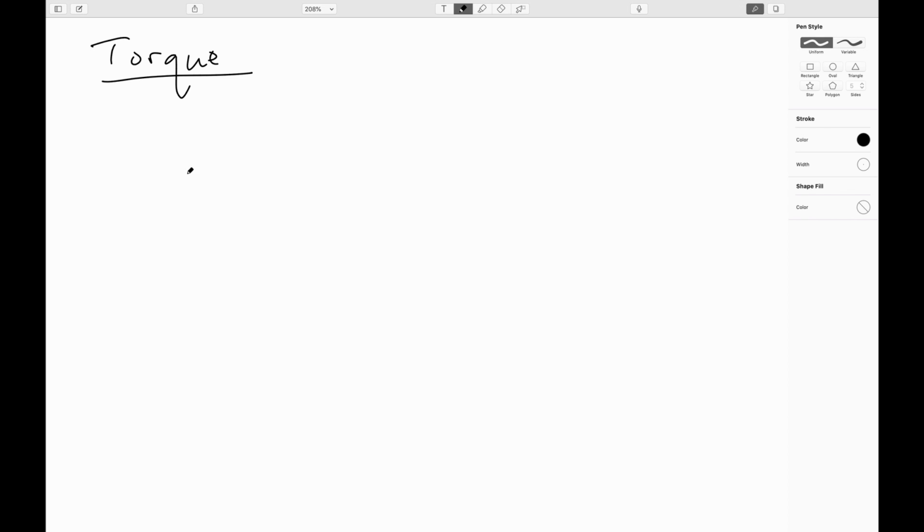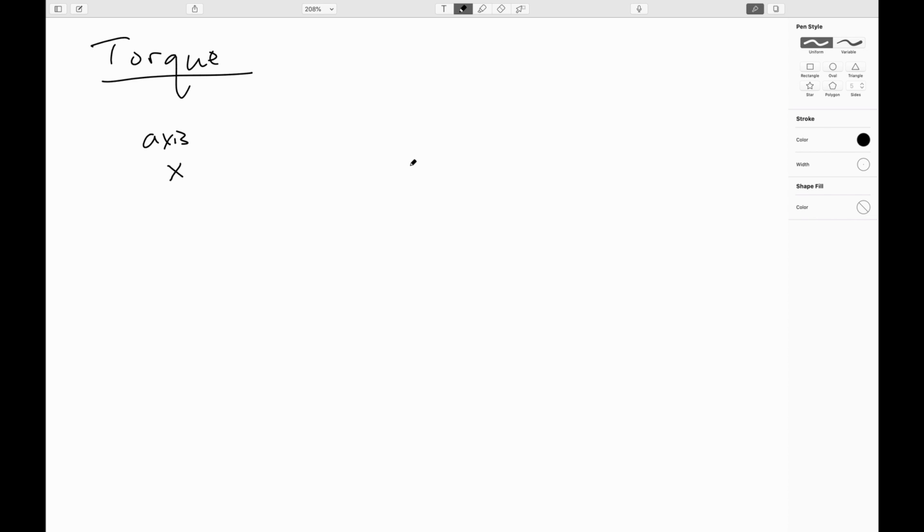So we will start by defining an axis of rotation. This axis of rotation is pointing in and out of the screen at you. I just drew an X showing where it cuts through the screen, but it's actually a line that goes in and out of the screen.